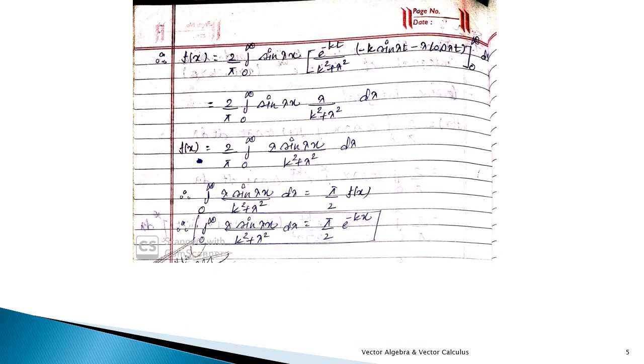Then you can apply upper limit minus lower limit, so that you get this term, and as usual you have to make the lambda term the subject. So in the cross multiplication pi comes here and 2 goes to the denominator, so it is pi by 2 into f of x, and f of x is given in the equation, that is e raised to minus kx.